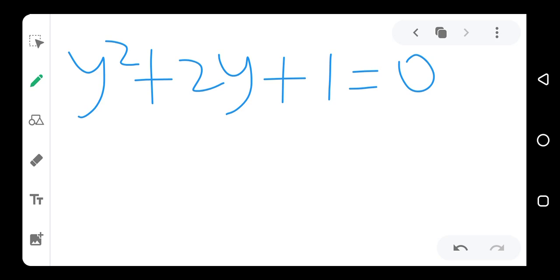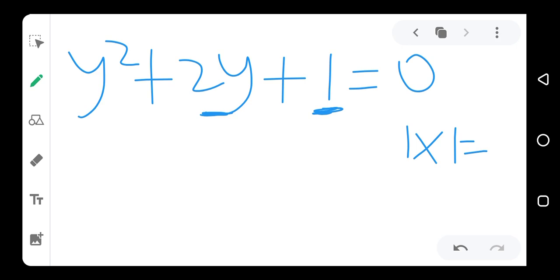Now we factorize this. To factorize it, we ask ourselves, what are two things that when we multiply them, give us 1, and when we add them together, give us 2. 1 times 1 is equal to 1, and 1 plus 1 is equal to 2. So we have 1 and 1.